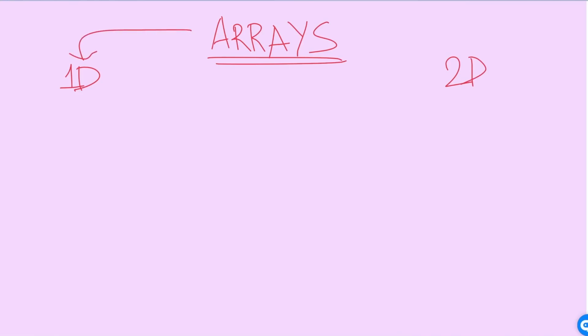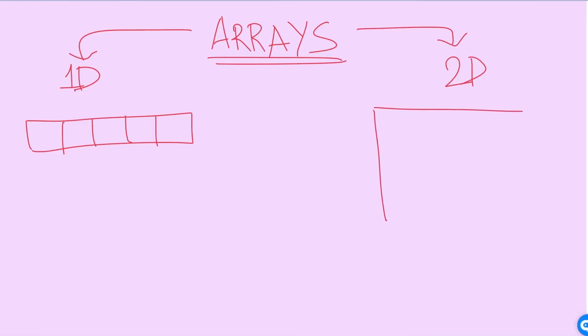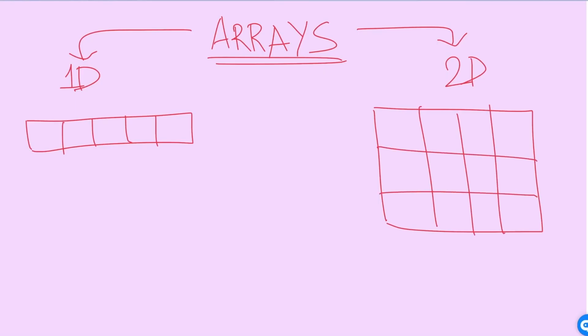A 1D array is very simple. It's just a line with different compartments in a straight horizontal manner. But a 2D one is more of a boxed shape table, like Microsoft Excel. It has rows and columns.